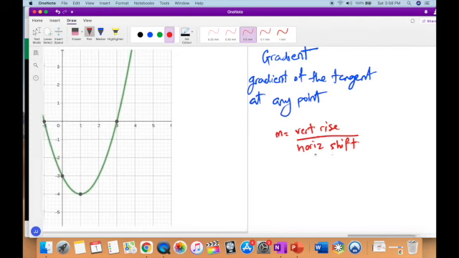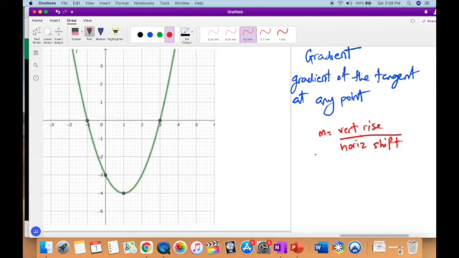But you don't have any coordinates. So what are you going to do? Let me say we wanted to find the gradient of the curve at the point where x is equal to 2. Well, where x is equal to 2, that is that point there.